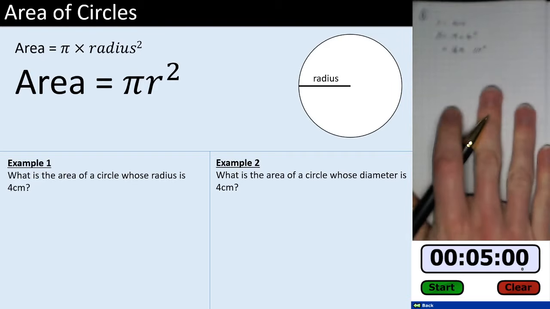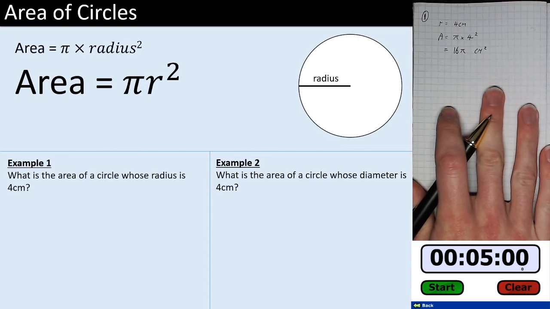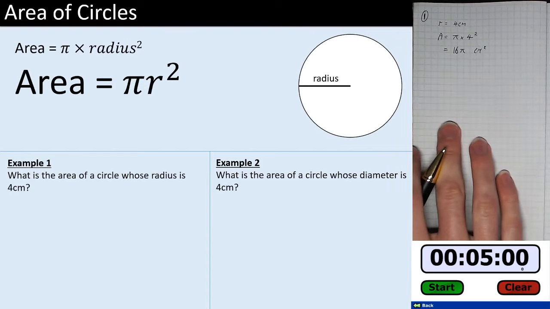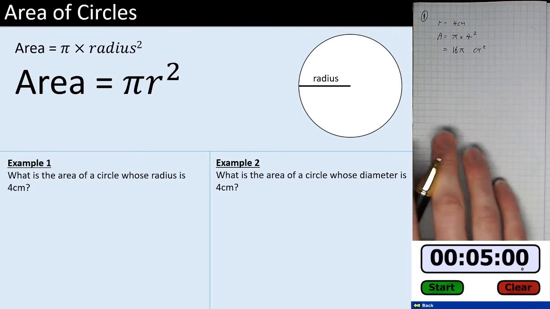Just like we would say, like timesing by a letter in algebra, we would say that we've got 16x. For this, because pi is a number that can go on forever, we can just say that the area is going to be 16 times pi. Okay, so that's one way, a nice, really lazy way that we can write our answer.